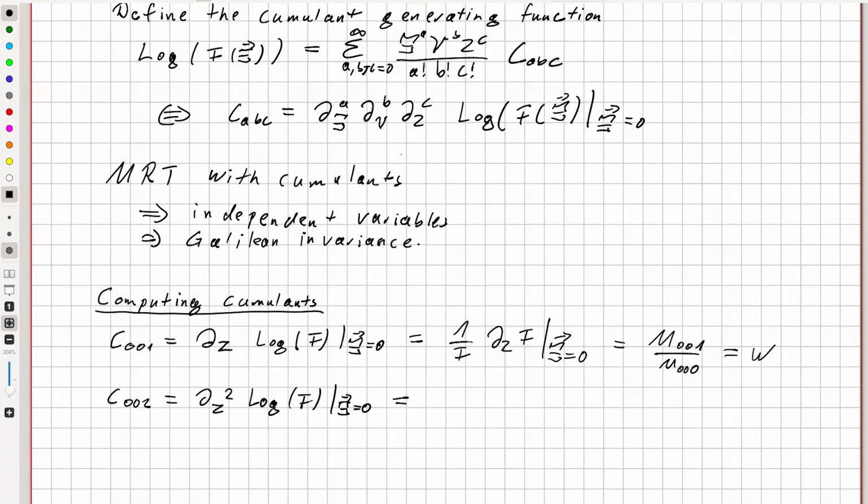There's again an internal and an external. The external gives you f to the power of minus 2, and the internal gives you dzf again, so it gives you dzf squared, and then you have to apply the product rule.